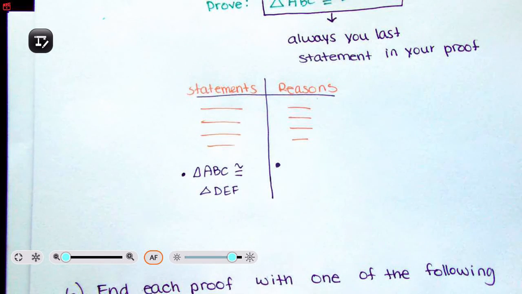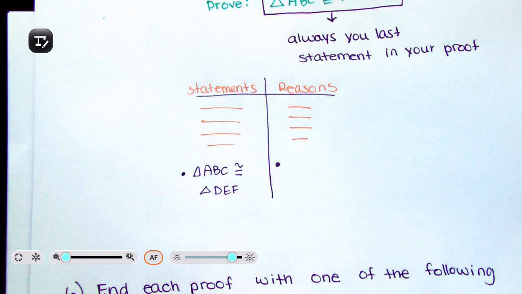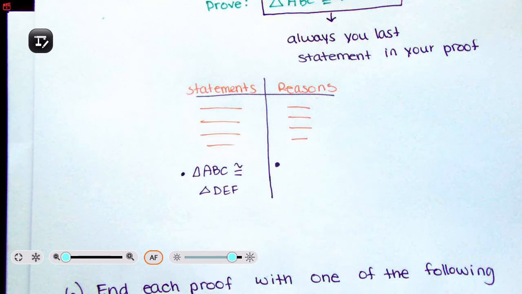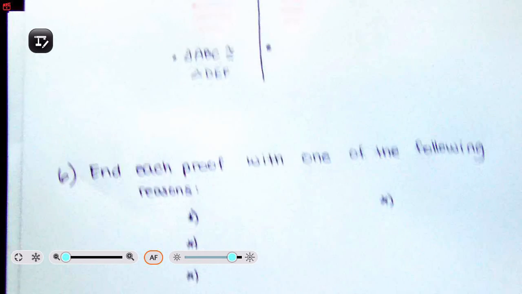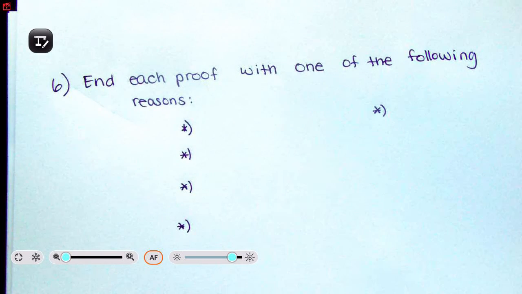So how do you know that these two triangles are congruent? Well, because we are learning about ways that triangles can be congruent, and we're talking about the least amount of information we can have about triangles to actually know that they are congruent.